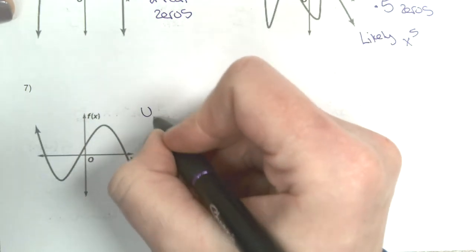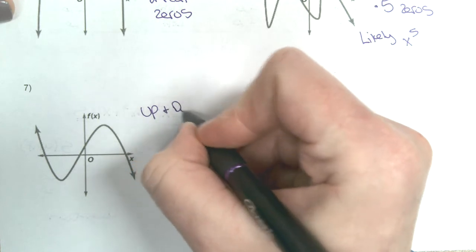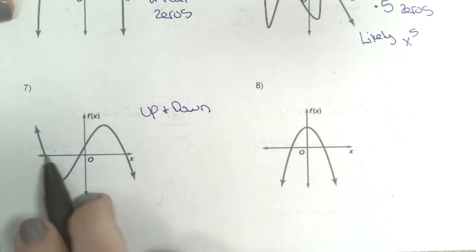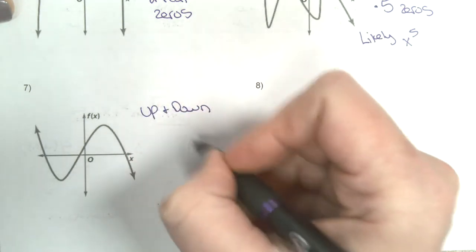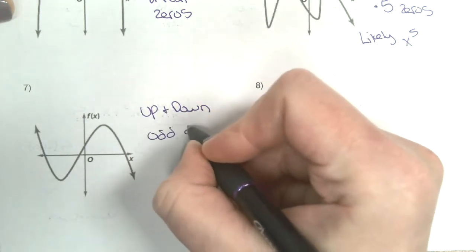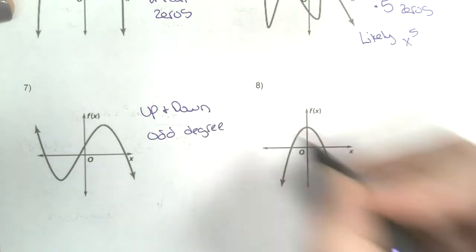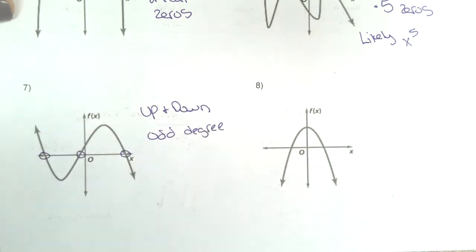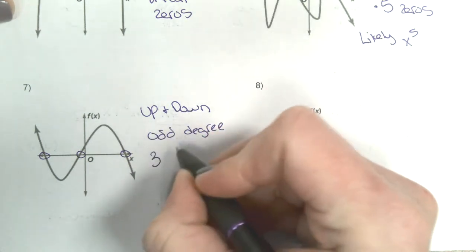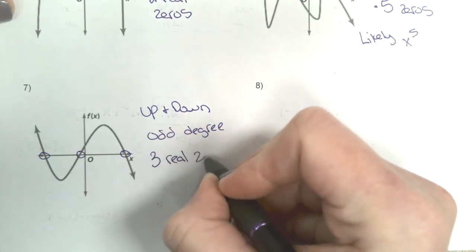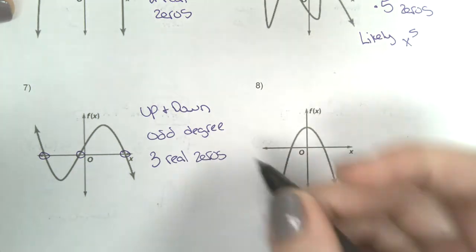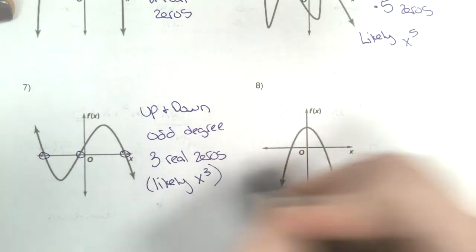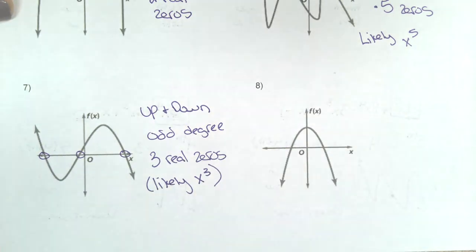So this is going up to the far left and down to negative infinity to the far right. Going in opposite directions is characteristic of an odd degree polynomial. It has 1, 2, 3 x-intercepts. Therefore, it has 3 real zeros. This is likely an x to the third.